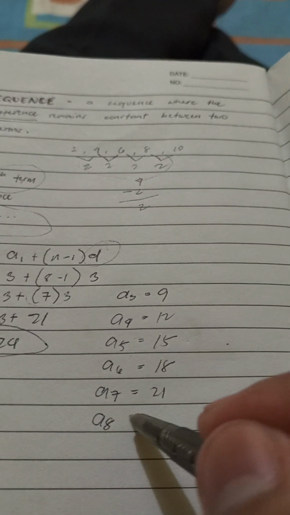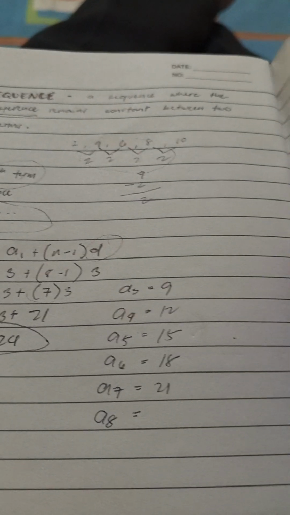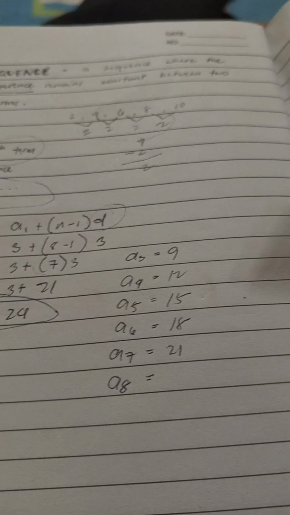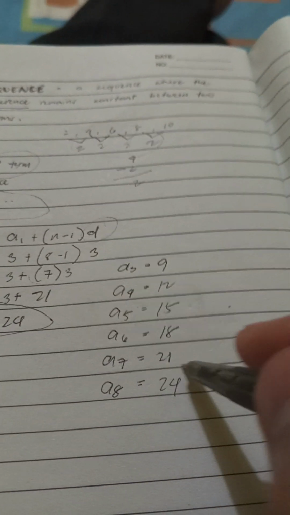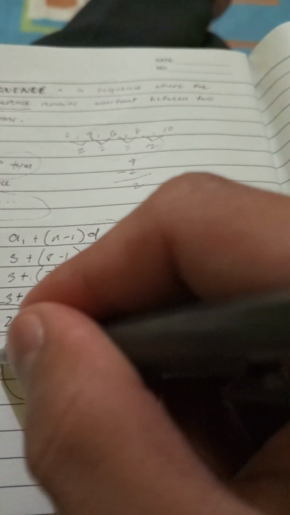And lastly, our eighth term is 24. 21 plus 3 is 24. So our answer is correct.